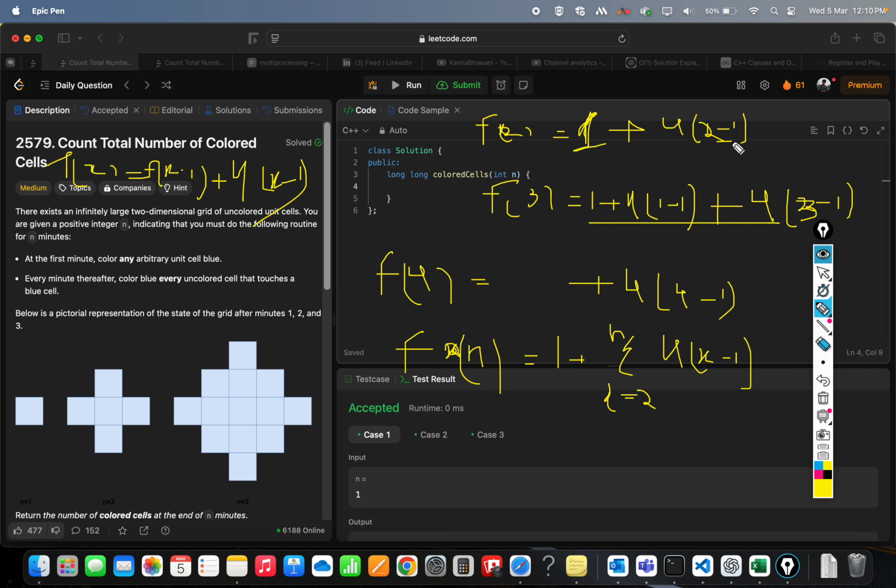So x belongs to 2 to n. So this is 2 minus 1, this is 3 minus 1, this is 4 minus 1, then 5, 6, 7, and so on. So this is the formula.